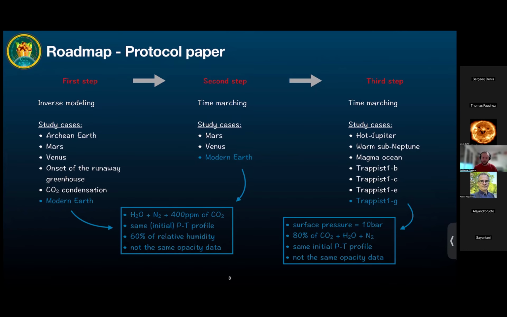This modern Earth case is a kind of easy modeling. We also have a more complex case to highlight the fact that we need a lot of models to join this effort. And this is TRAPPIST-1G. Basically the idea is to study a CO2-dominated atmosphere, quite cold, to see CO2 condensation maybe.